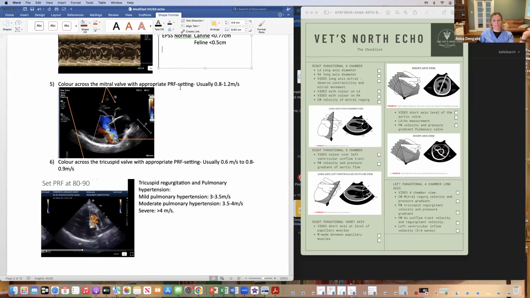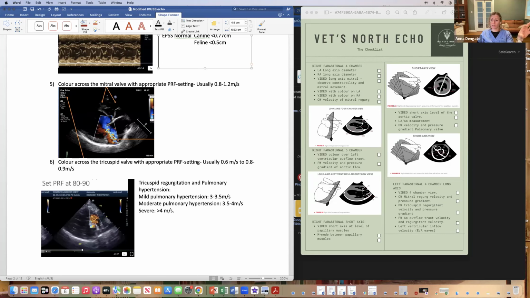Now what's really important here, and I think it took me a long time to learn this just by fiddling with the buttons, but Jane's given us a really nice range. So PRF is the number that sits on your color flow scale here. So if you change scale, if you've got color flow on and you're like, oh, big mess, can't see any regurgitation, you want to get your PRF somewhere between 0.8 to 1.2 when you're looking for mitral.